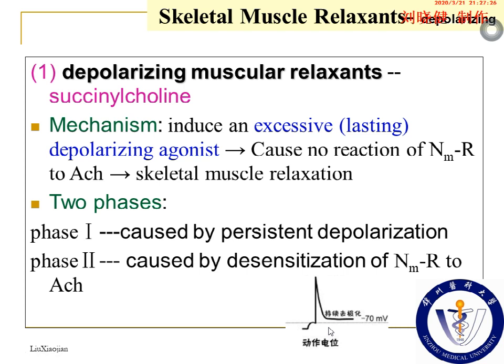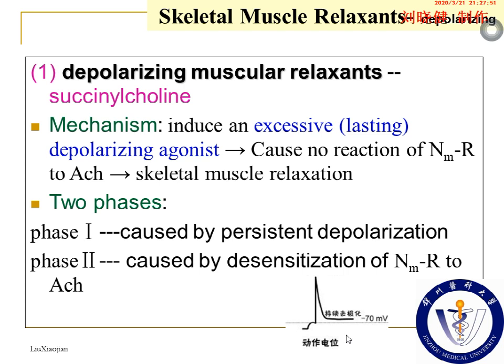Continued binding of the depolarizing agent renders the receptor incapable of transmitting further impulses. With time, continuous depolarization gives way to gradual repolarization as the sodium channel closes or is blocked.